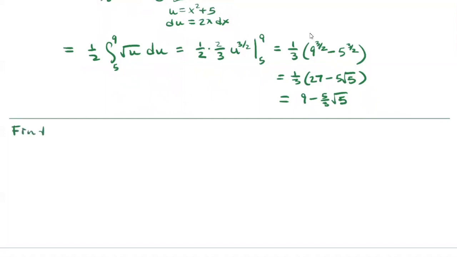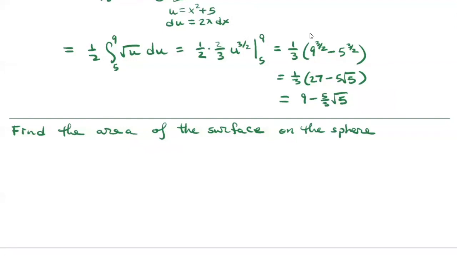Find the area of the surface on the sphere x squared plus y squared plus z squared equals 4. Okay. So that's a sphere of radius 2. That lies above the plane z equals 1.